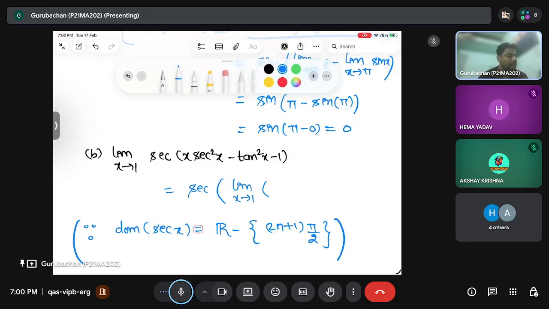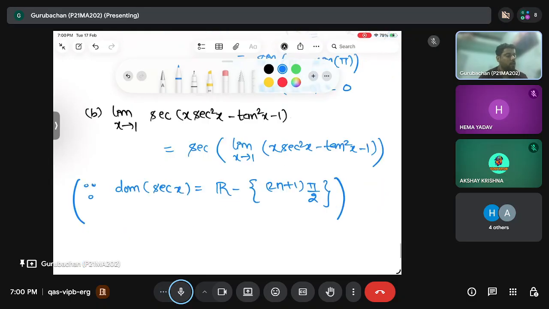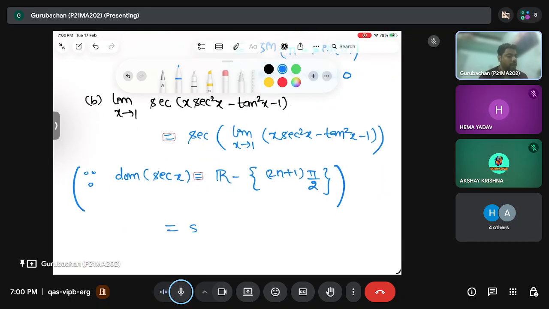Now it will be applied to this: x times secant square x minus tangent square x minus 1. Now tell me, by the algebra of continuity, what can you say? Limit x tends to 1 of x secant square x minus limit x tends to 1 of... or you have done something else? No, sir, same. What is 1 plus tan square x?